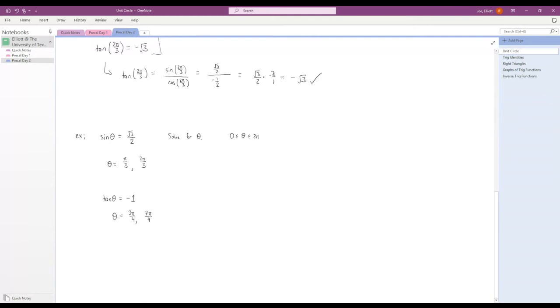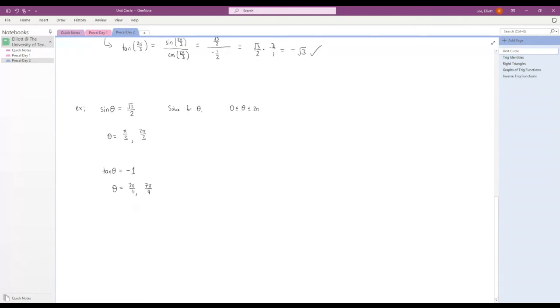Okay, so I'm going to do maybe one more trig equation, slightly more complicated, before I move on to the next section, which will be trig identities. Sometimes you'll get something like this. Here we've been doing sine of theta equals something, or tangent theta equals something.